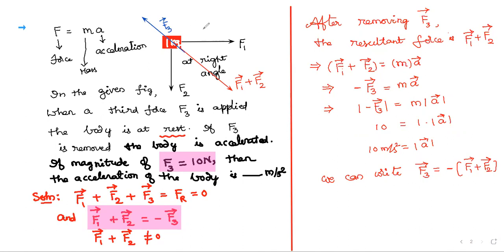But the angles here we don't know now, so how much angle it makes with the x-axis or y-axis we can't say. Yes, we can say it is in the direction opposite to F1 and F2. Understood this question? Do you have any doubt? If you complete copying this question, I can move to the next page.